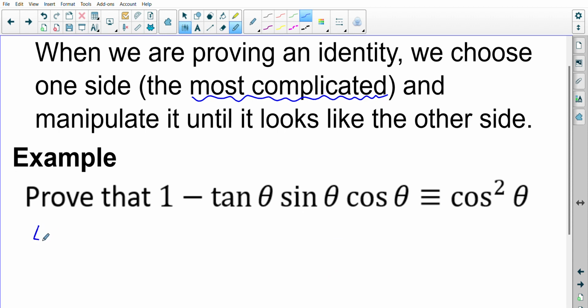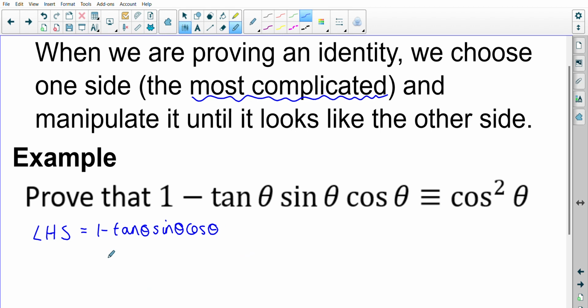So first thing I do, make sure you're writing this down step by step, is I say what the left-hand side is equal to. I'm going to drop the identity symbol for the time being. Just work with the equation symbol. So I've just stated what side I'm starting on.